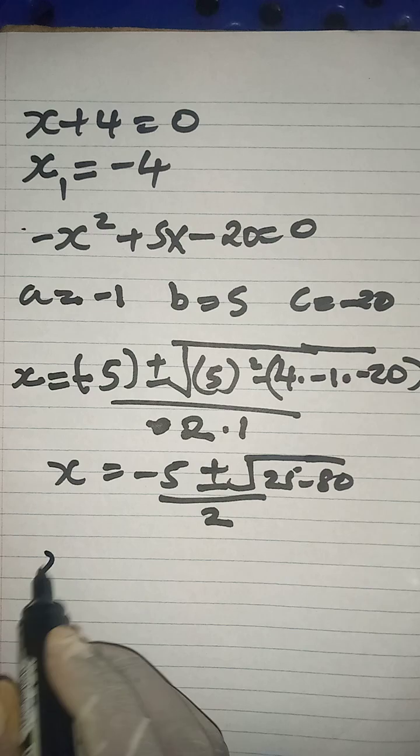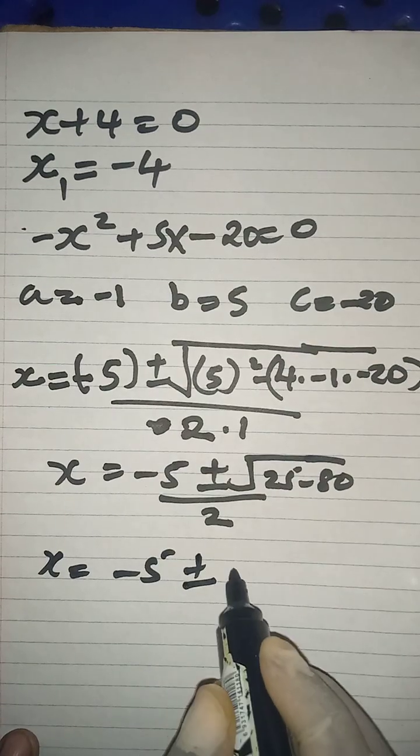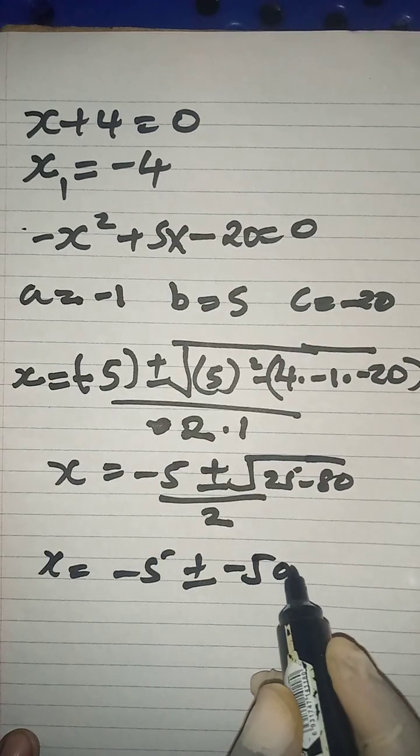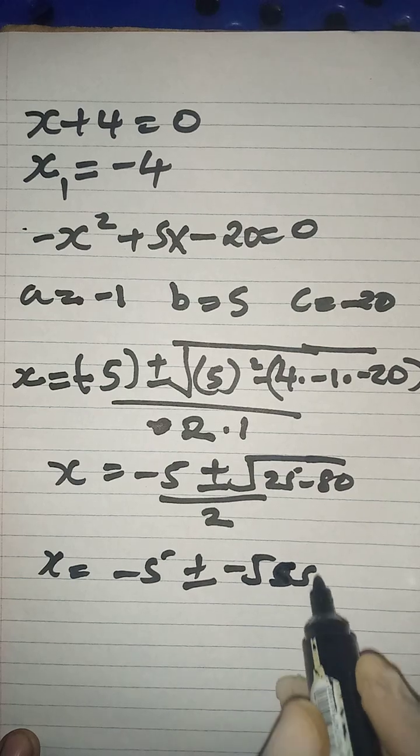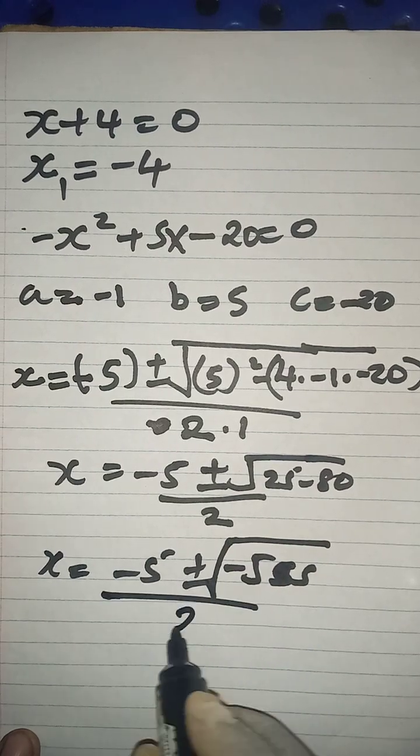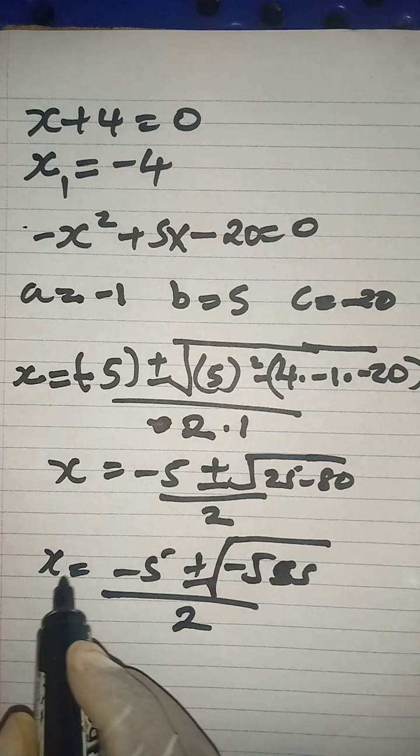So that is x is equal to negative 5 plus or minus the square root of negative 55 over 2 as the second value of x.